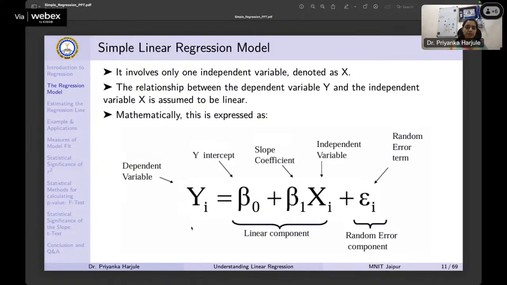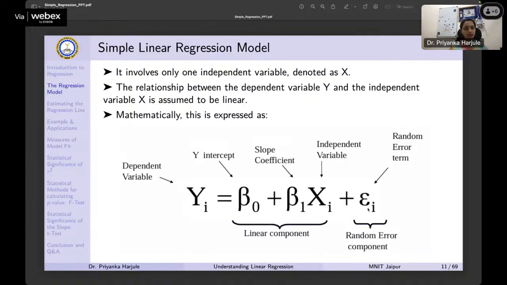Here you see the simple regression model, which has the dependent variable yi, which is equal to beta naught plus beta 1 xi plus epsilon i. So yi is your dependent variable, xi is the independent variable, beta naught is your intercept, beta 1 is the slope coefficient, and epsilon i is the random error term.